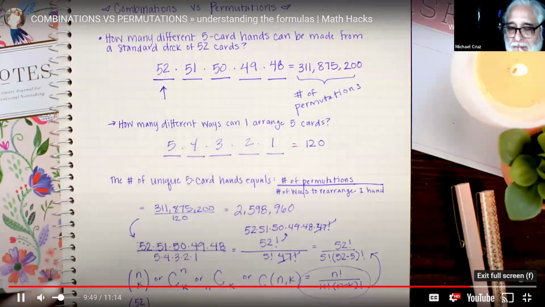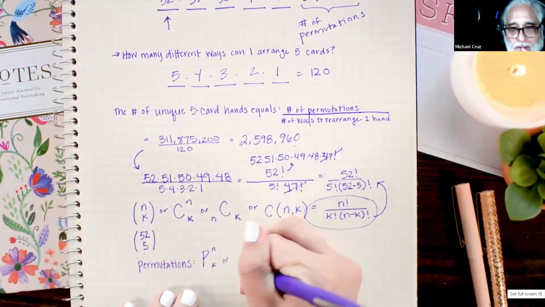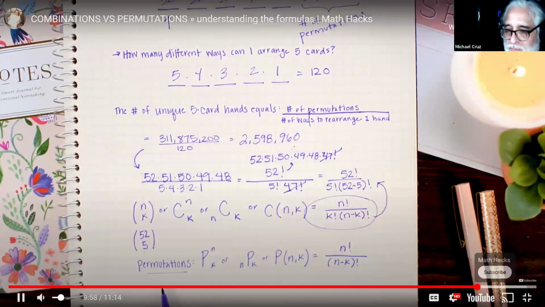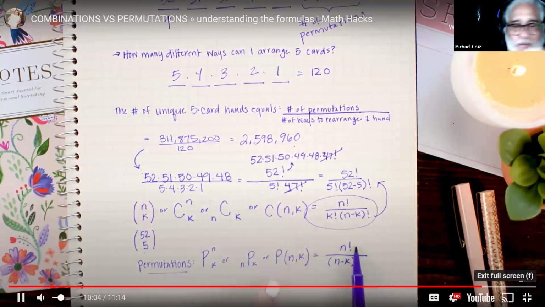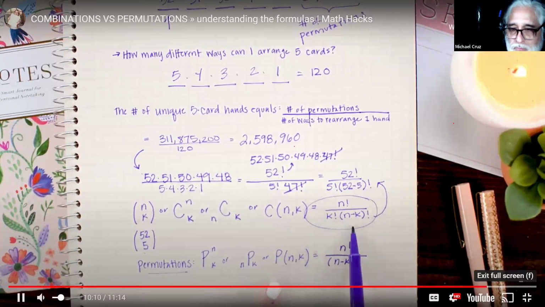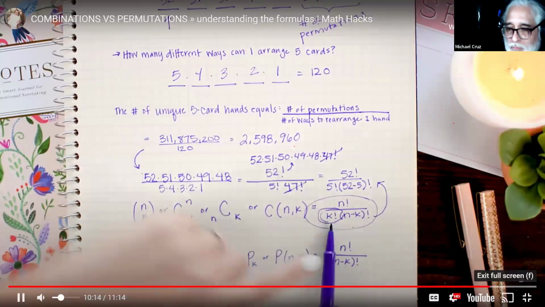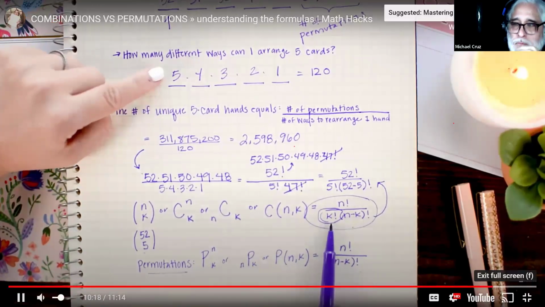So what does that look like? The permutations formula, which can be written in a variety of notations as well, boils down to N factorial over N minus K factorial, which is just the same as our combinations formula without this K factorial, which removes all the arrangements we don't care about when we're talking about combinations.